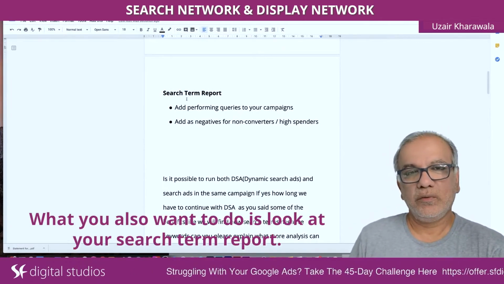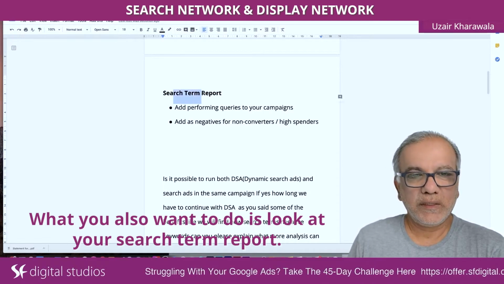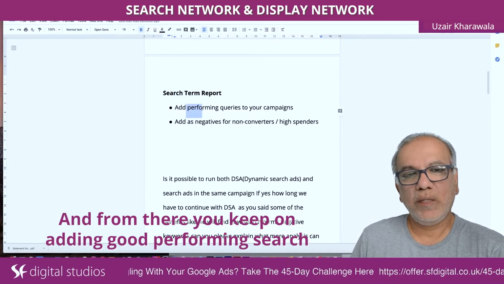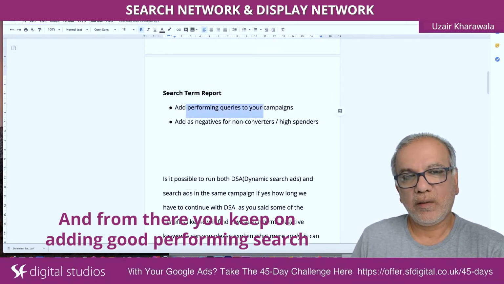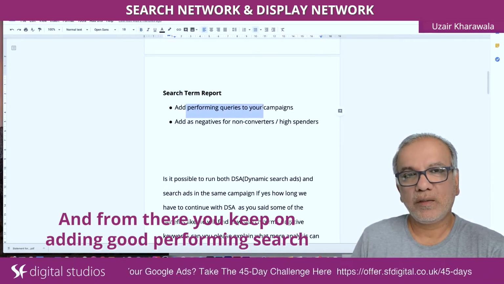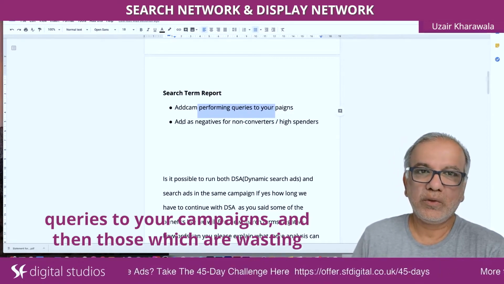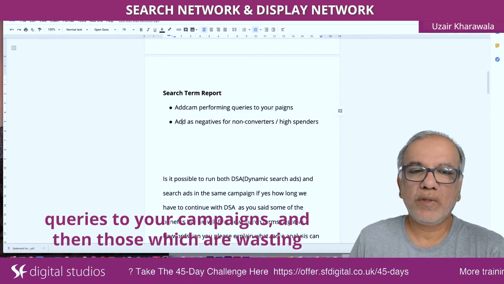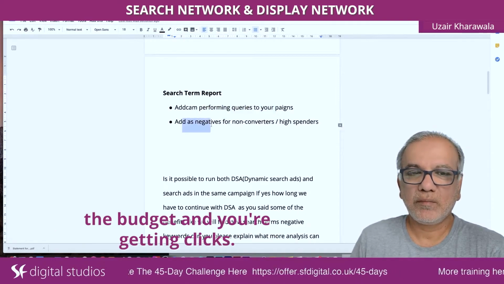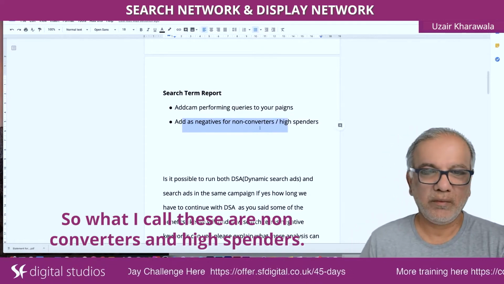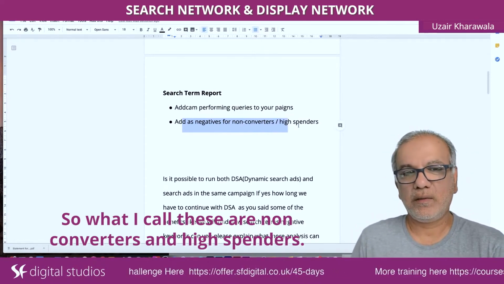What you also want to do is look at your search term report, and from there you keep on adding good performing search queries to your campaigns, and then those which are wasting the budget and you're getting clicks. So what I call these are non-converters and high spenders.